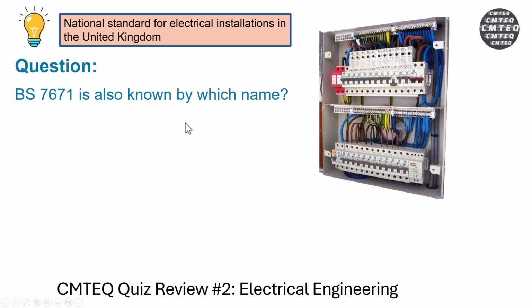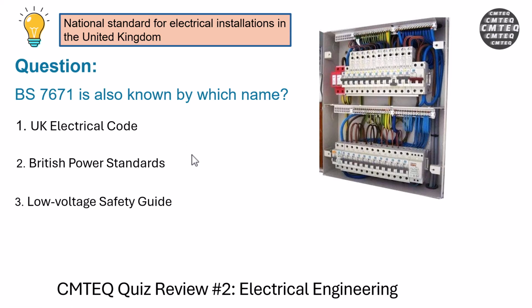The provided options are: number 1, UK Electrical Code; number 2, the British Power Standards; number 3, Low Voltage Safety Guide; number 4, IET Wiring Regulation. I'm 100% sure our UK viewers are going to give us a correct answer. But let's go ahead and see how the community voted for this particular multi-choice quiz.